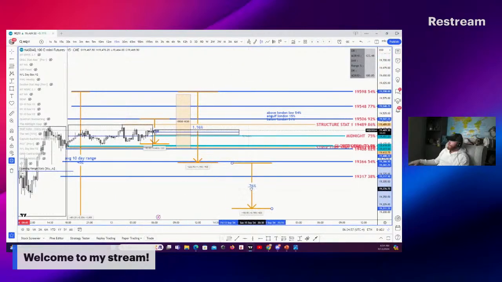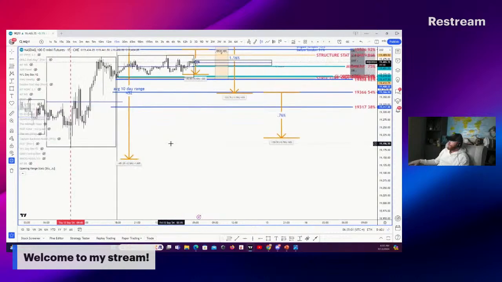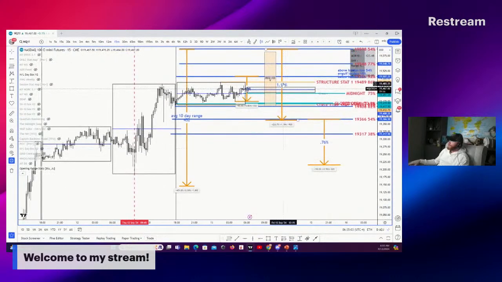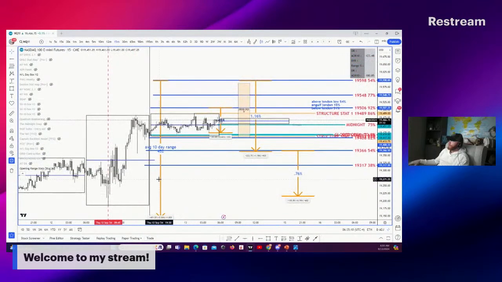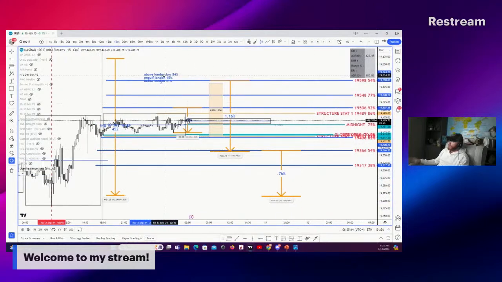But what's the point? This is interesting. So the one thing that I'm noticing, oh no, that's down here. Okay, so right now the market hasn't shown its hand, so we're not going to sit here and try to put false data on our charts, right?